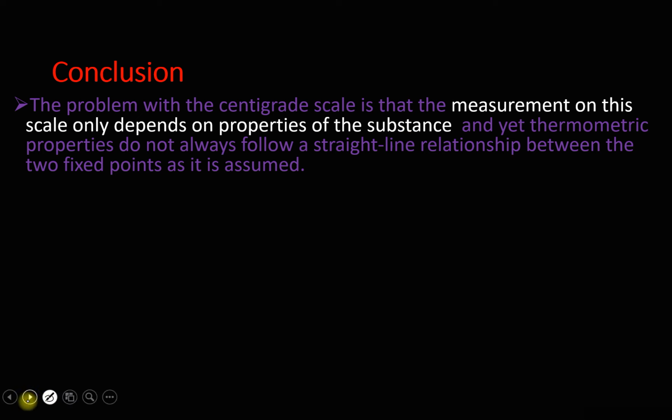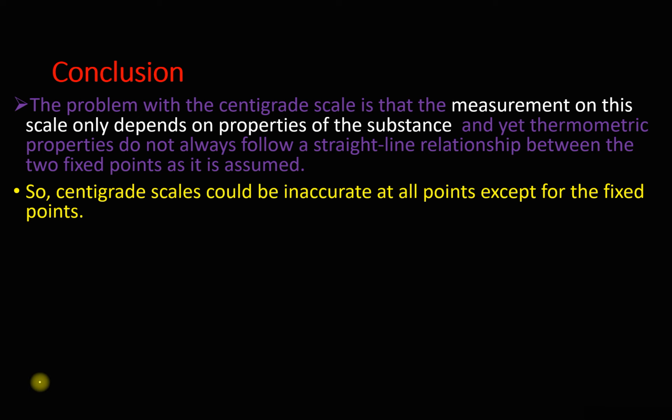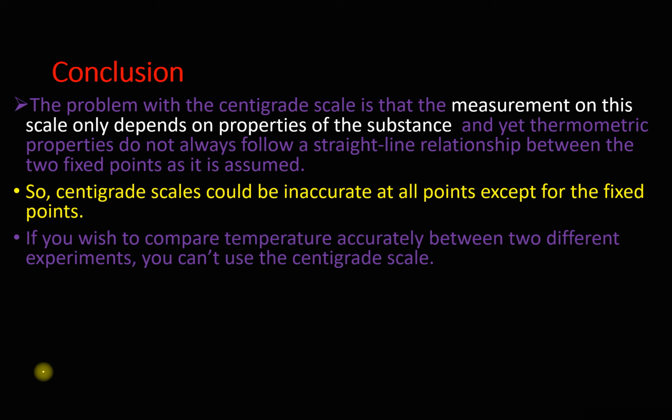Number two, this means the centigrade scale could be inaccurate at all points apart from the fixed points. If you wish to compare the temperature accurately between two different experiments, you cannot use the centigrade scale. That means another scale has to be used.